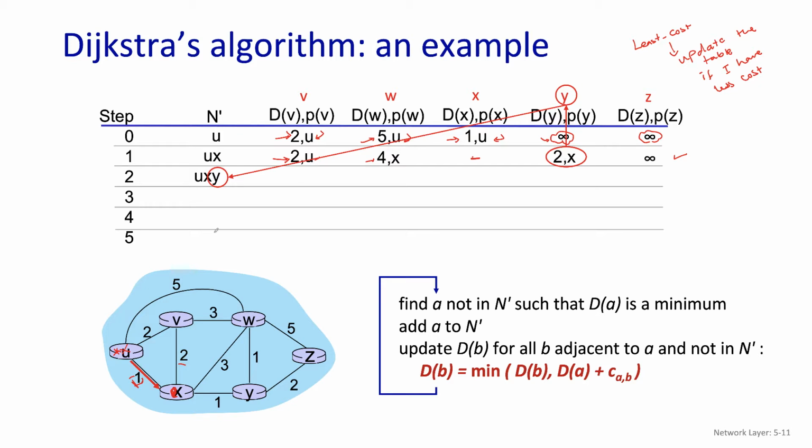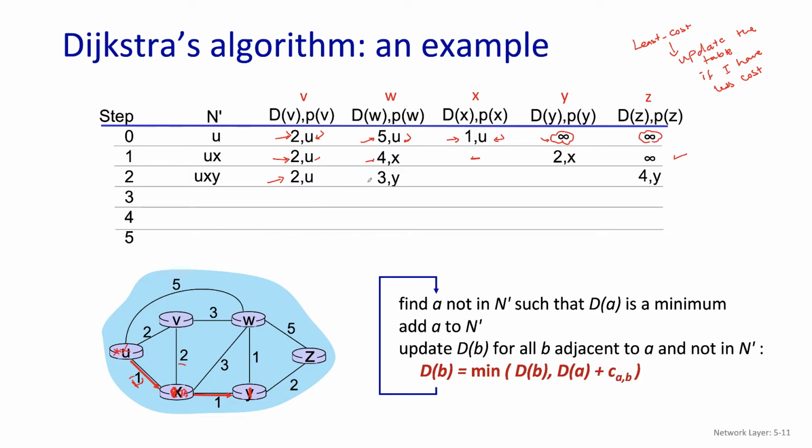Now I will move from here to Y, right? Now I'm standing here. I already know the cost to move from U to Y is already 2, right? So now I'm going to go from Y. Can I go from Y to V? No, right? As you can see, if I cannot, then I will leave it as it is.